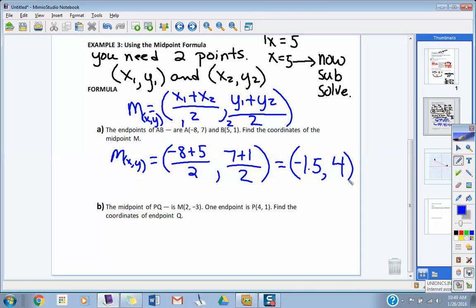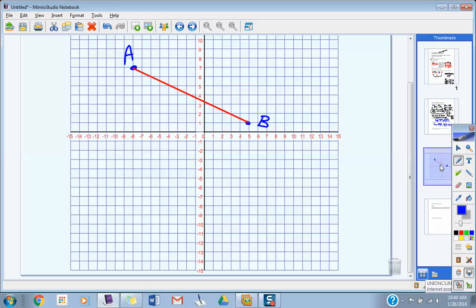Let's go back right here. I'm going to go left 1.5 and then up 4. Holy cow, that point's on the line, so that's good, isn't it, guys? Left 1.5 and up 4. Doesn't that hit right there? What are you going to call that point if it's the midpoint then? What letter do we denote for midpoint? M. Okay. So the midpoint of that segment, by golly, it works.